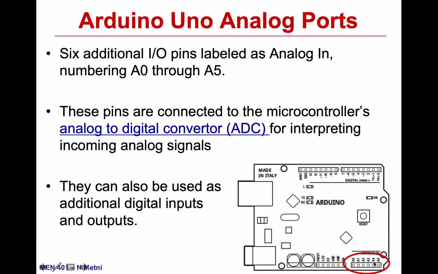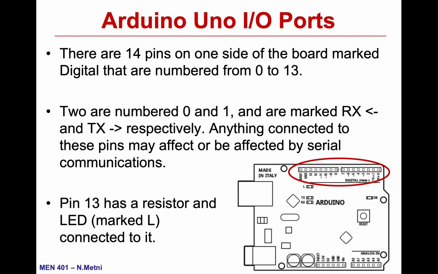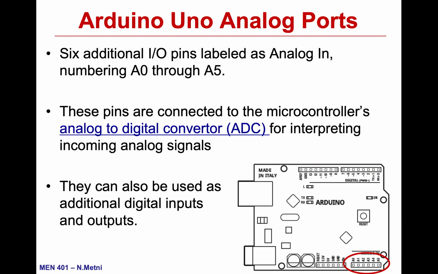Because these A0 to A5 can be used as digital input output ports by setting pinMode(A0, INPUT), pinMode(A1, OUTPUT), and in this way you are saying that you want to use these pins as digital input output. Why do we do this? Maybe in your application you need more than 14 digital input output and you do not need analog inputs. So you will have 14 plus 6, around 20 digital input output.